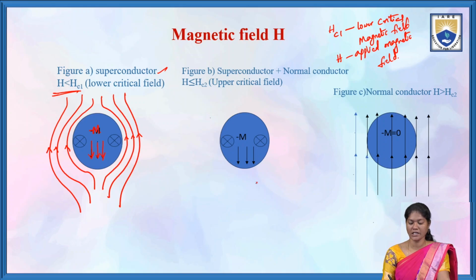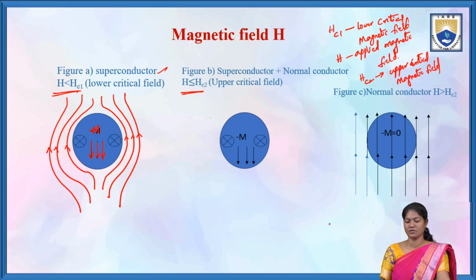Whereas in the second diagram, figure B, where H is less than or equal to Hc2. So Hc2 is the upper critical magnetic field. So what happens here?